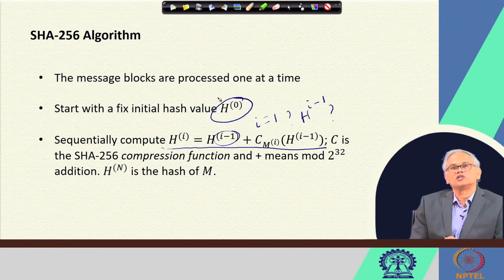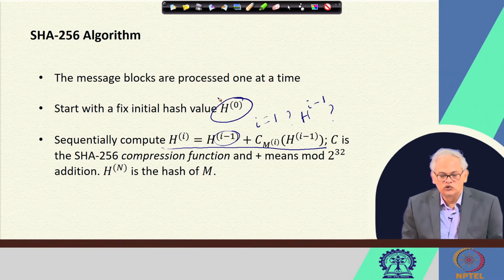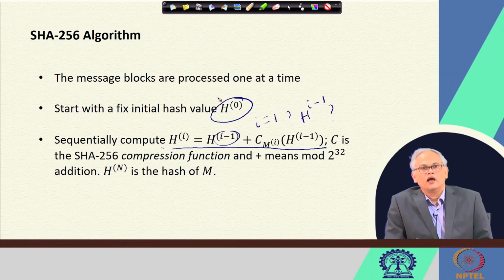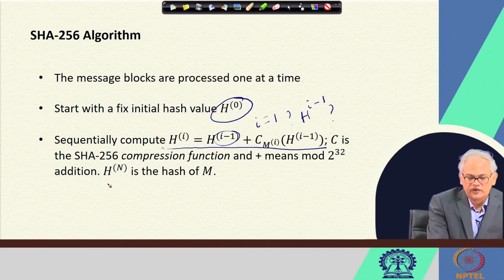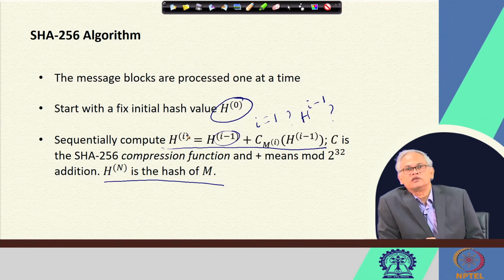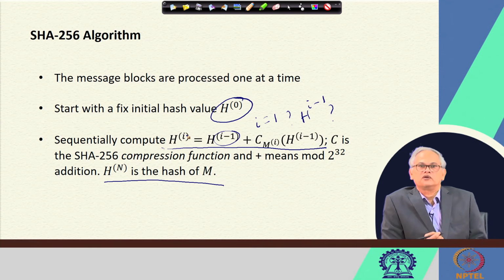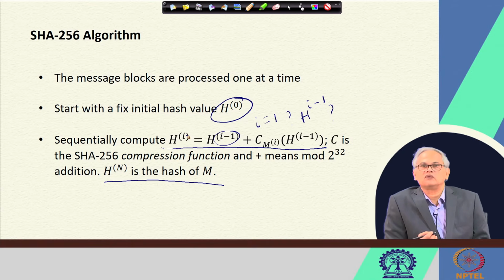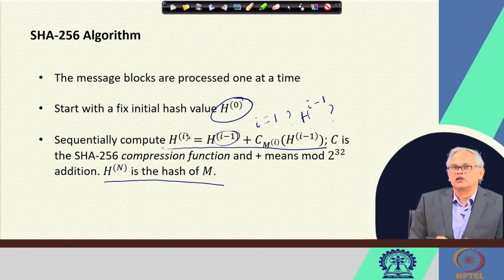C is the SHA-256 compression function, and plus means modulo 2 raised to the power 32 addition, and Hn is the hash of M. So, that means I first get H1 from H0, as you can see from this relationship, and H0 is fixed as an initial value of the hash. Then from H1 we can get H2, and from H2 we can get H3, and so on, and finally we will get Hn, which is the hash of M. And what is n?